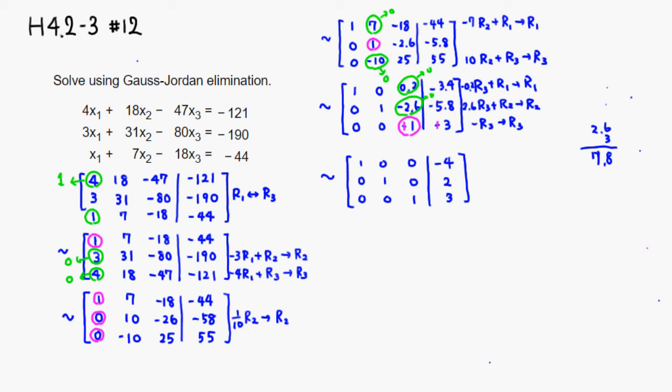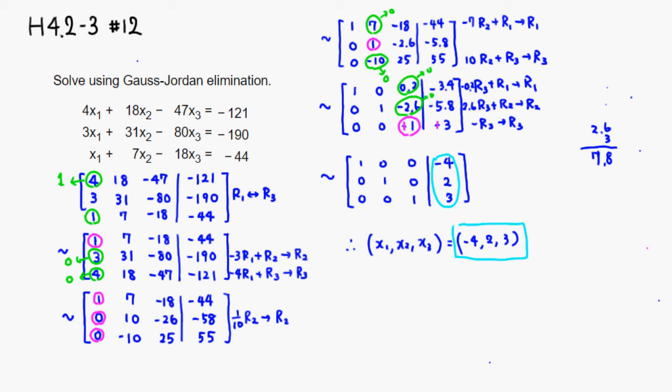All right, so we can see that the solution shows up right here. So x1, x2, x3 is equal to negative 4, 2, 3. So that is the solution here.